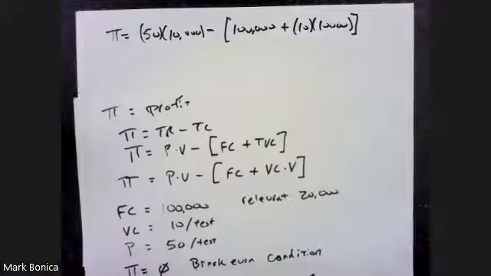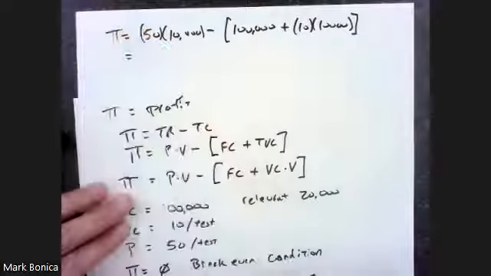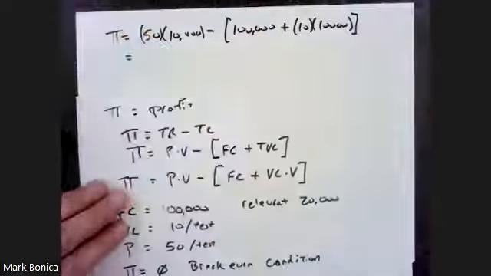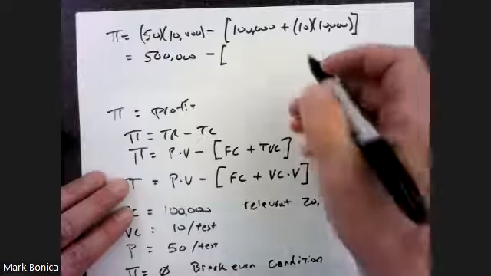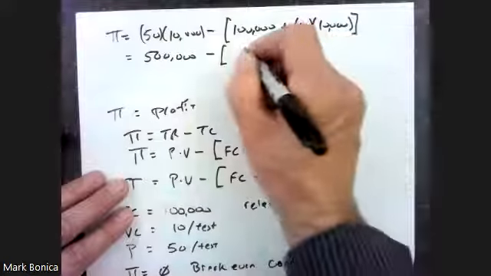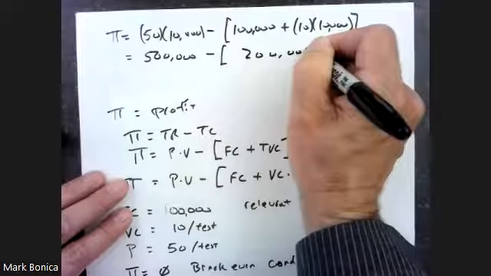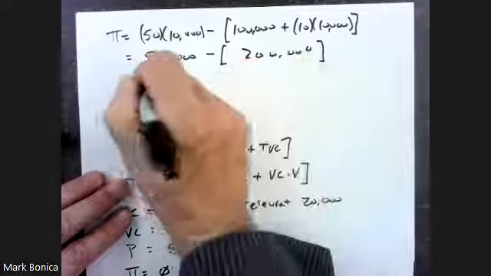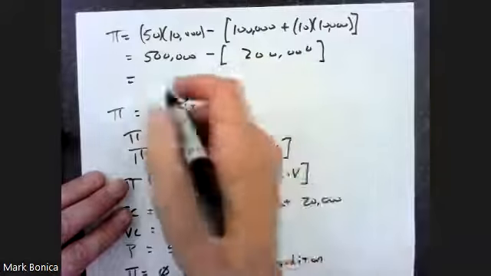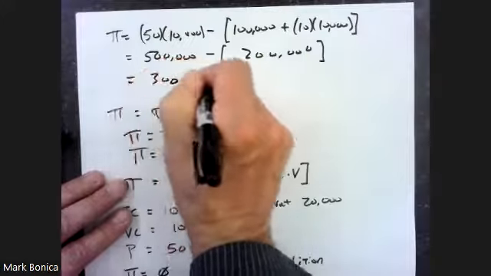So 50 times 10,000 is 500,000 minus 10 times 10,000 is 100,000. So 100,000 plus 100,000 is 200,000. So 500,000 minus 200,000, 300,000.